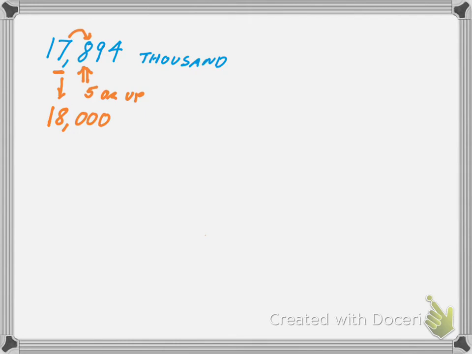So why? Well, if we're rounding 17,894, we think on a number line about the location of this number. 17,894 is between 17,000 and 18,000, and we know that halfway is 17,500.